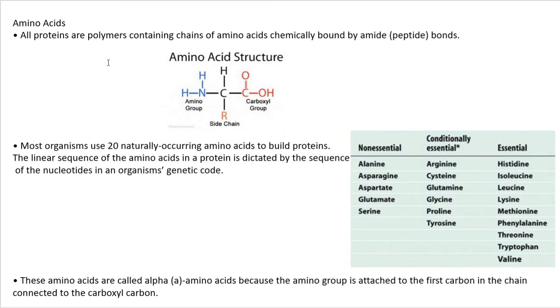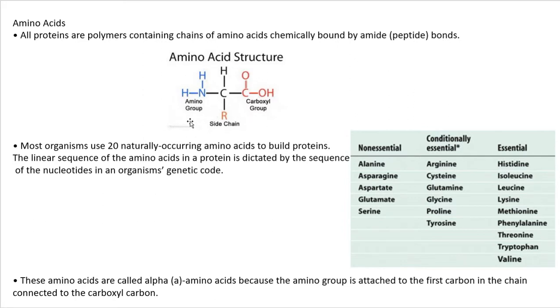The amino acids are made of two main groups, an amino group and a carboxylic group that we have studied in organic chemistry. Both are together bonded to a central carbon, and this carbon is bonded to a hydrogen. This part of the molecules is the same for every single amino acid.